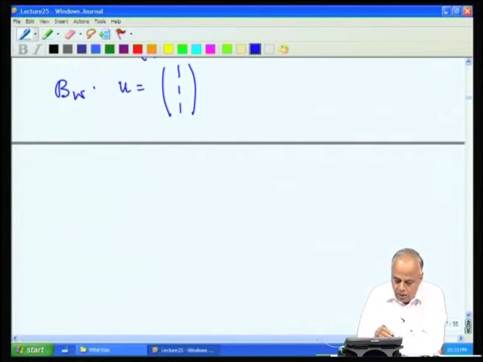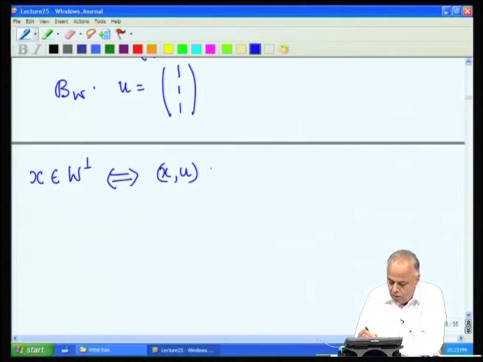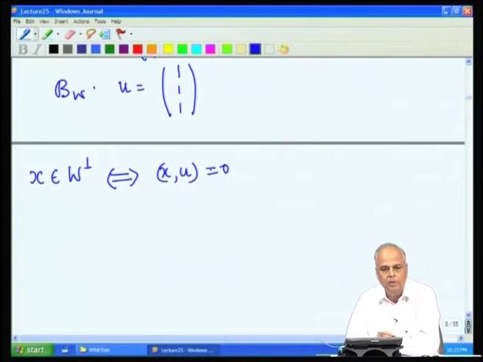Now, therefore, a vector x will belong to W perp if and only if x is orthogonal to the basis vector, and there is only one basis vector.